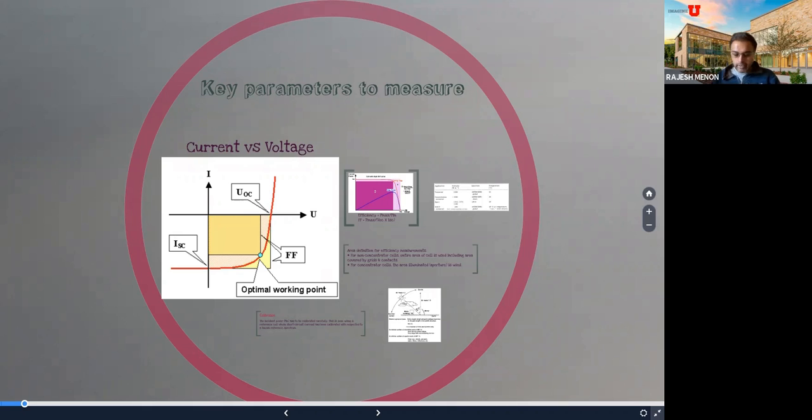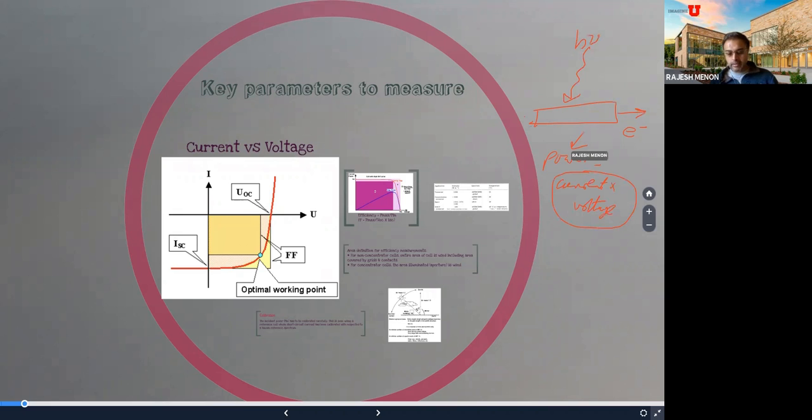Light gets in. So again, what is a solar cell? Very simply, you have light coming in, photons come in, h nu, and current comes out, electrons come out. And we know power is current multiplied by voltage, right? So current and voltage need to be measured in order to compute the power.